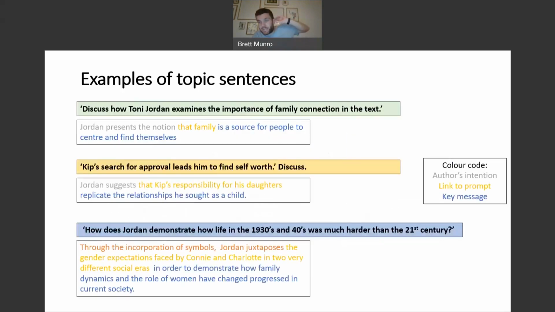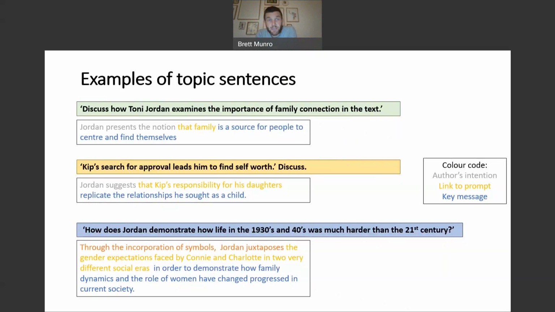So some examples here. Now note that we have these color-coded in grey, yellow, and blue. So our first prompt is discuss how Tony Jordan examines the importance of family connection in the text. And a good example of a topic sentence would be, Jordan presents the notion. Take note that we've used one of our classic sentence starters here.